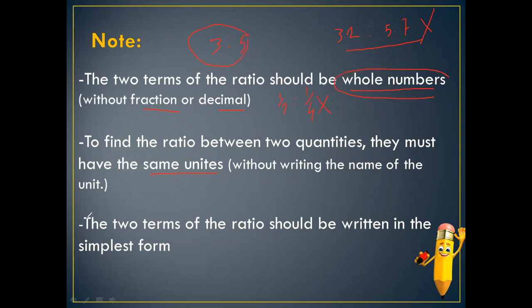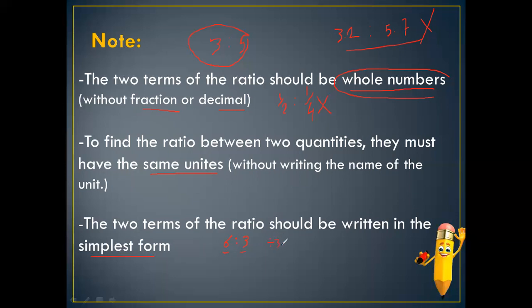The third one: the two terms of the ratio should be written in the simplest form. What do you mean by the simplest form? For example, when I say 6 to 3, I will simplify. Can I simplify these numbers? Yes, both of them are divisible by 3.